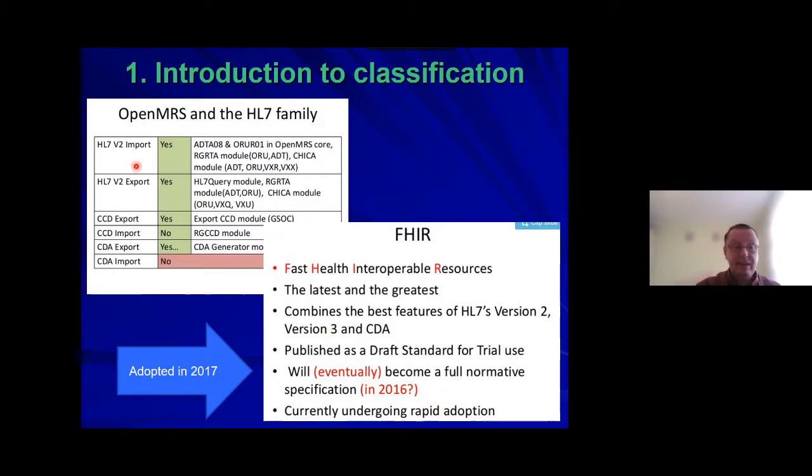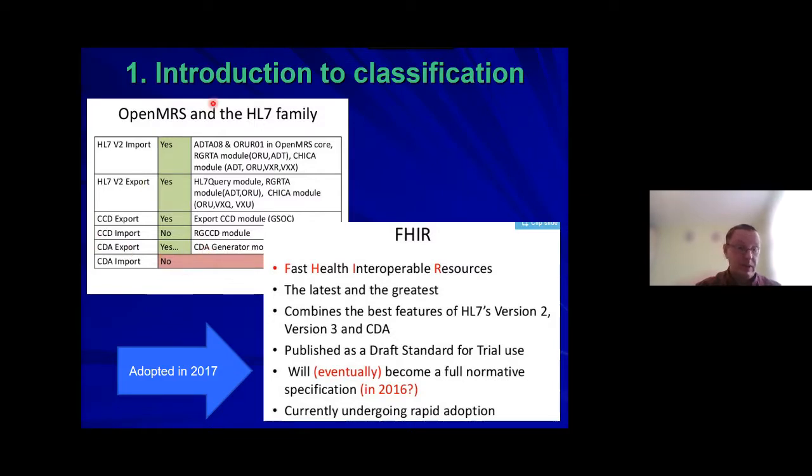And here at the left side at the top is shown the support of different versions of HL7 by one of the popular medical information systems, OpenMRS. As you can see, there are different versions which are available, and how they can be supported.